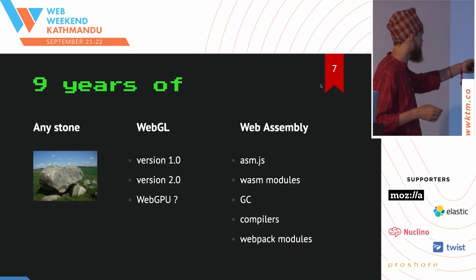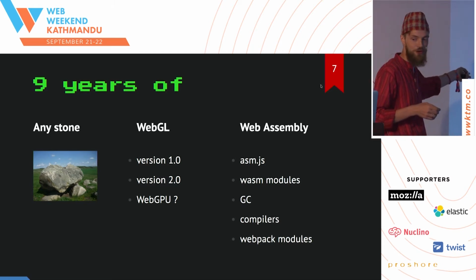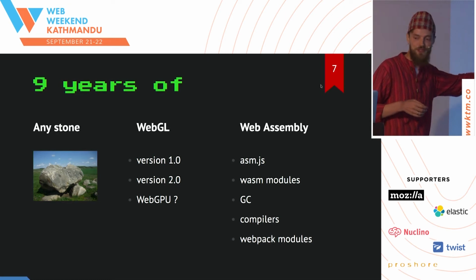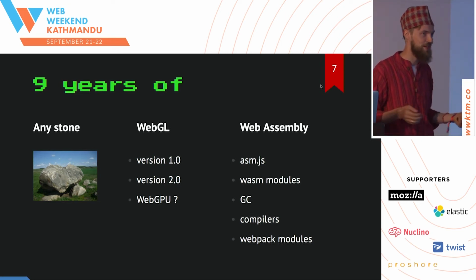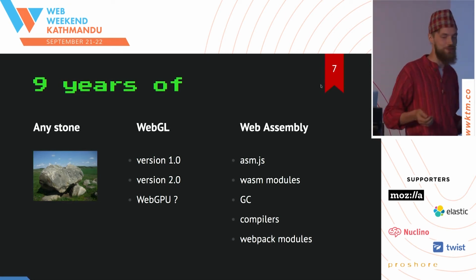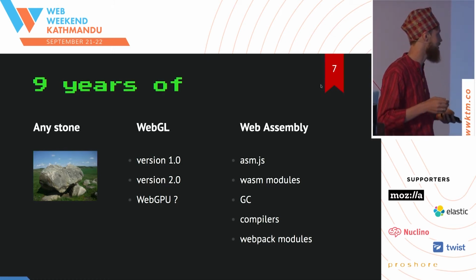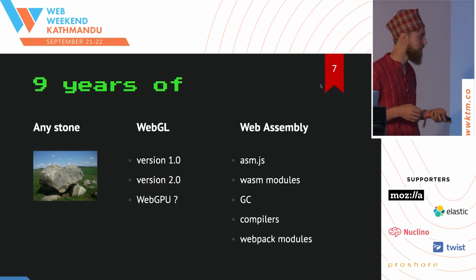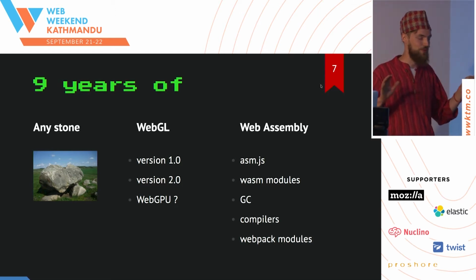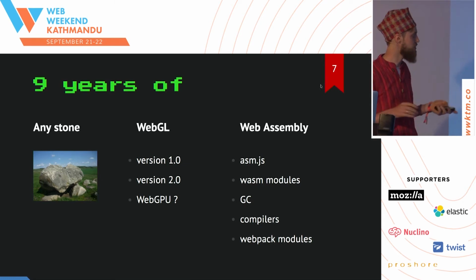And it looks like WebGL is not so far away from any stone, in difference with WebAssembly, because WebAssembly has a lot of money to maintain, has a lot of maintainers, and it has had big growth over the last 9 years instead of WebGL. But WebGL is too standard and doesn't mutate much.